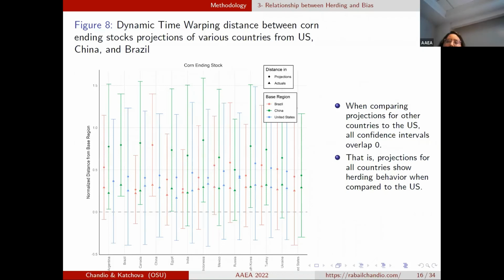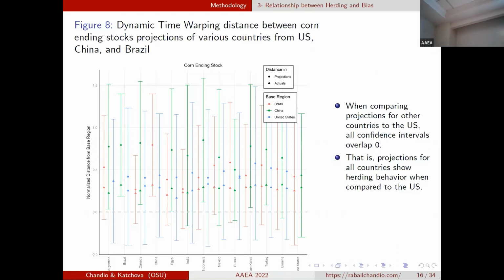Yes, great question. So the projection series difference is the main difference that I'm using here, right? But to quantify whether that distance is the right distance, whether these projections are actually similar or not, I use the historical data that's available to construct a measure of similarity, a baseline of similarity to compare my distances to. That's the triangles in these figures here. That's the true difference using the true historical data of projections of these regions.